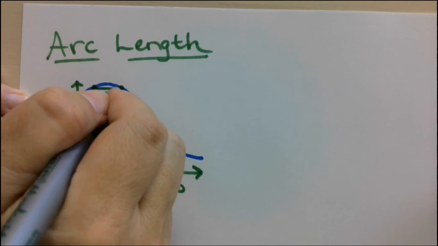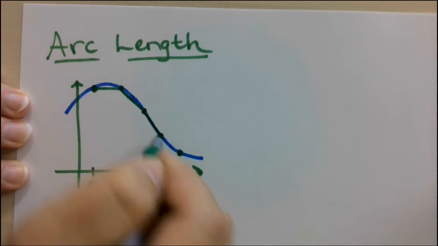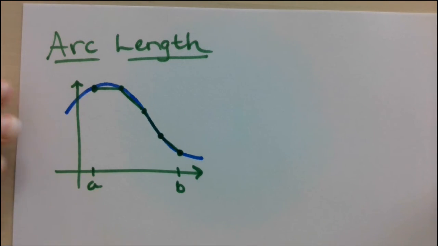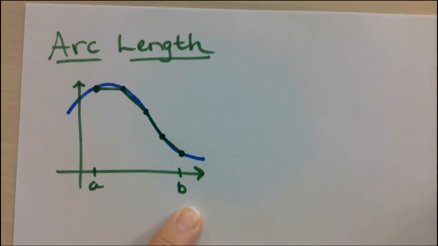And if I had the coordinates of these points and the actual function, we could find the length of each one of these segments. We could add those lengths together. It would give us an approximation of the length of this curve between A and B. And if I use an integral and get the length of those segments to be infinitely small and sum up infinitely many of them, then we can find the actual length of this arc.